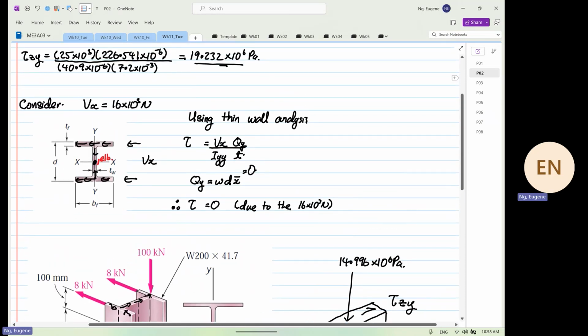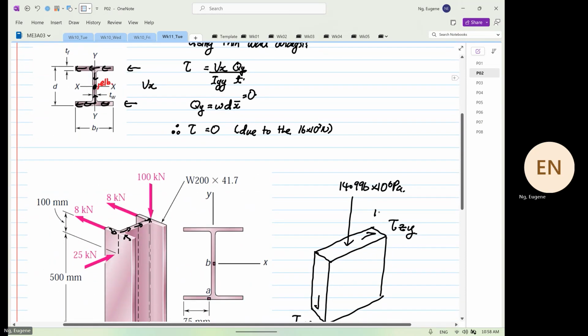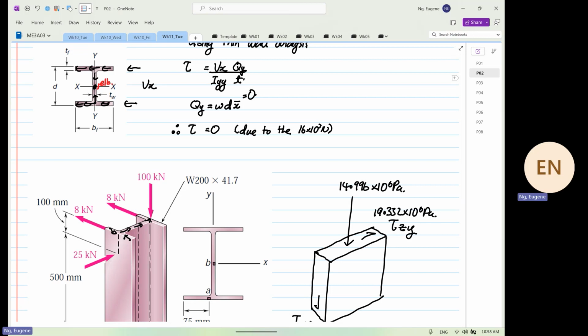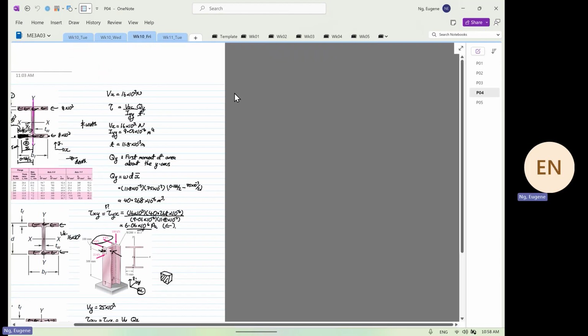This value will be equal to 19.332 times 10 to the power 6 Pascal. So that is our element D.